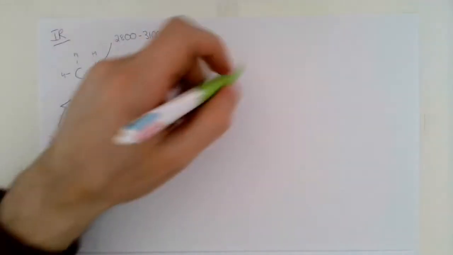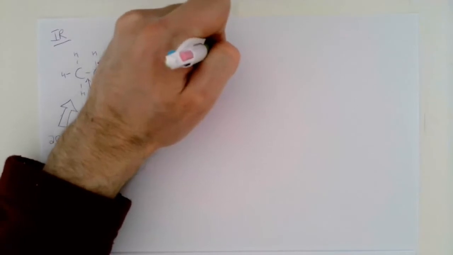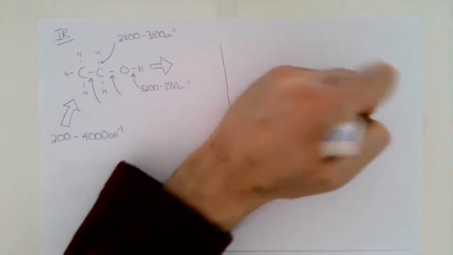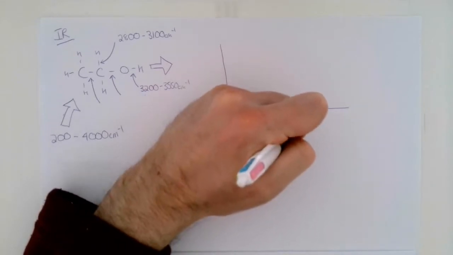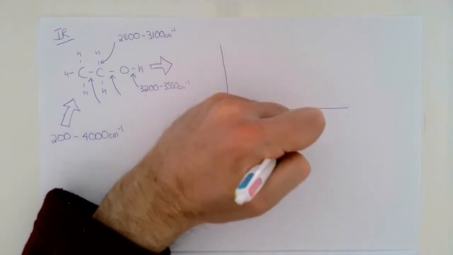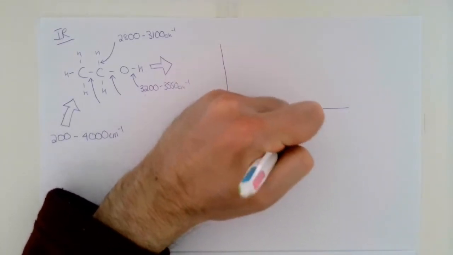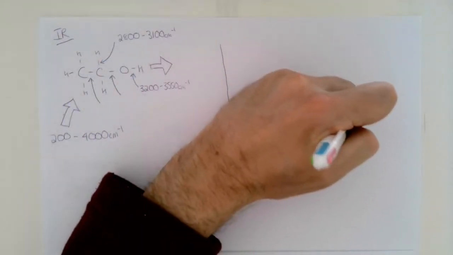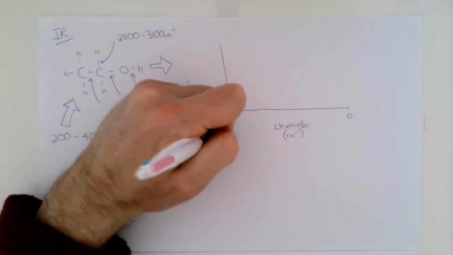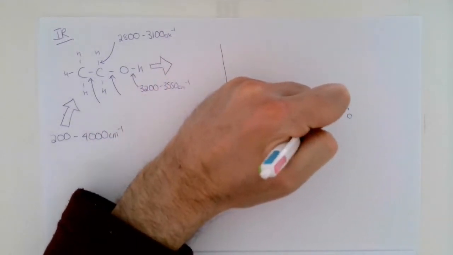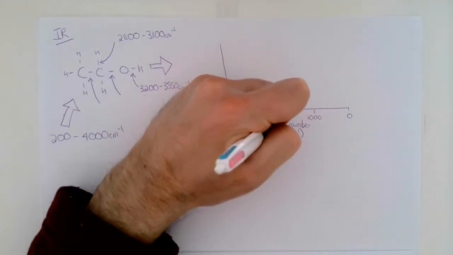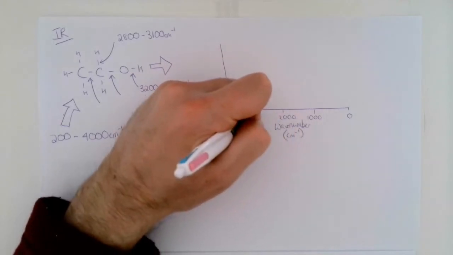So if we can imagine a little graph, you've got wave numbers, which is equivalent to energy measured in centimeters to the -1. So it's done backwards, don't worry about why it goes backwards for now. So 1,000, 2,000, 3,000.